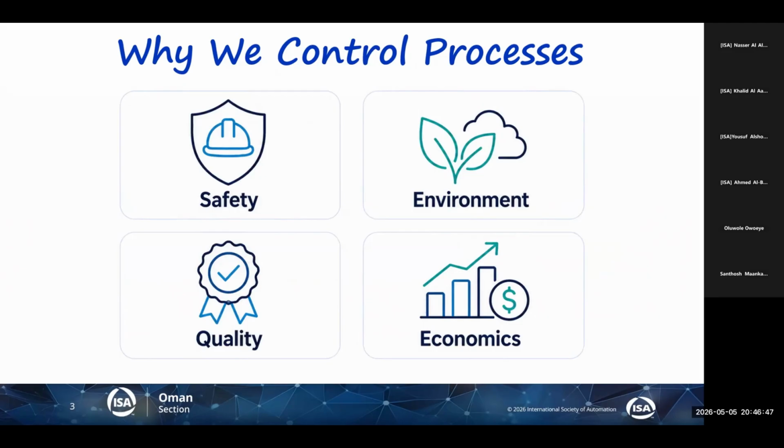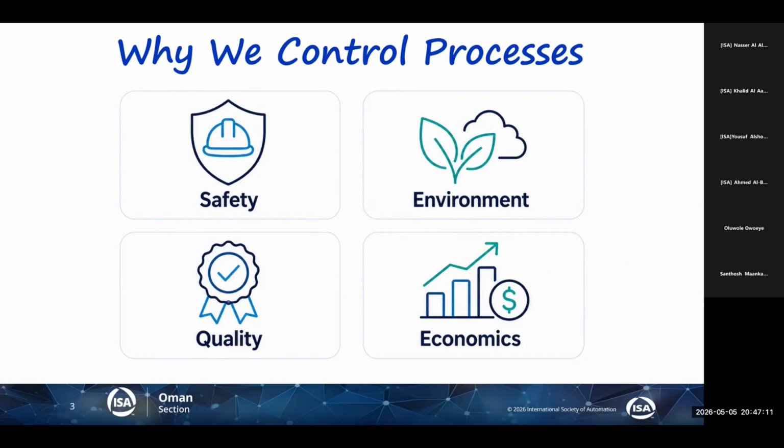So why do we control the processes? Well, to keep the plant within safe operating limits, meet environmental requirements, product specification, and operate economically. The first three, safety, environment, and product specification, are really visible.